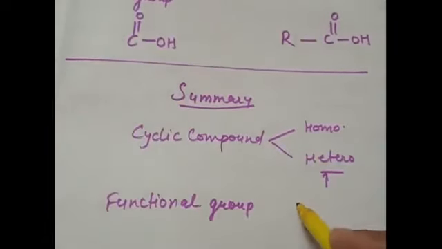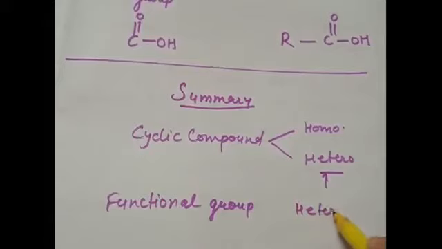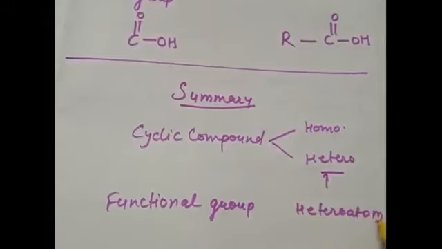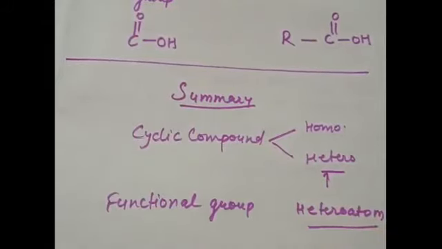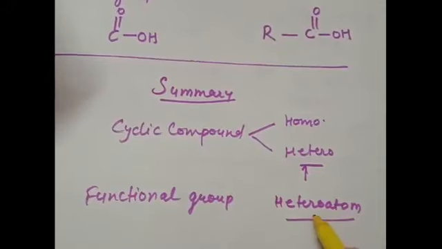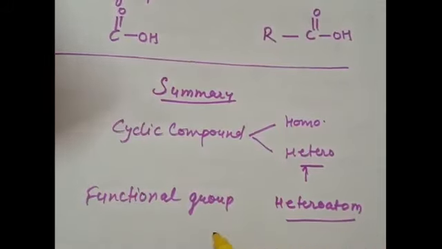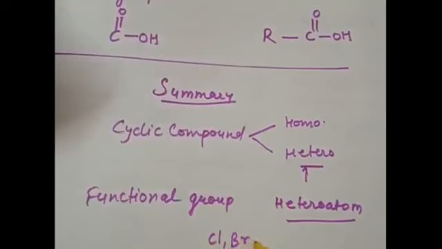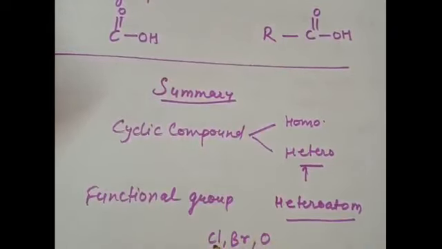Then we have seen the hetero element or heteroatom. Heteroatom is the different element other than carbon which will replace the hydrogen and get attached with the carbon atoms in the chain or ring. So we have studied chlorine, bromine and oxygen. Chlorine is called chloro, and this is called bromo, and there are various names as functional groups.